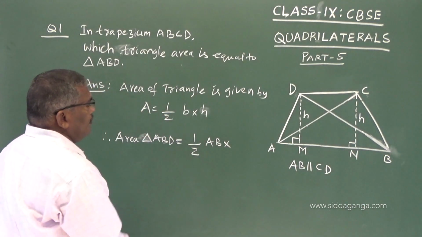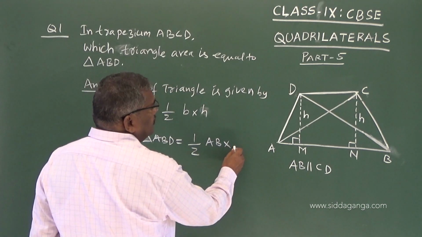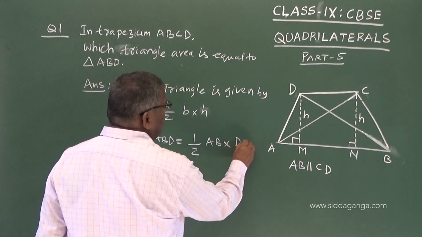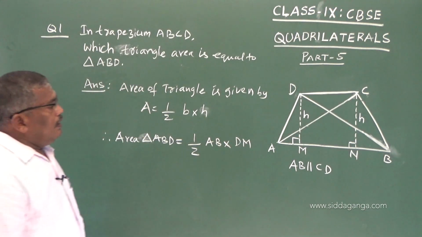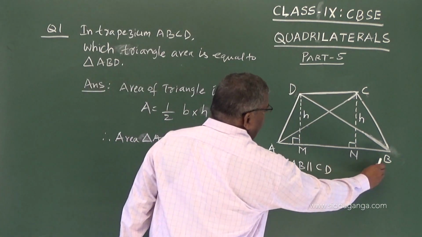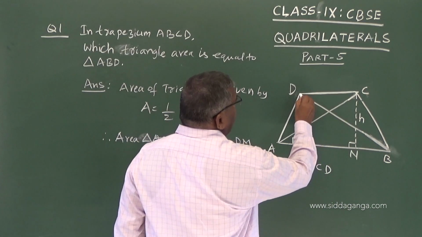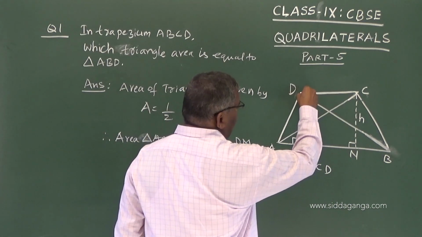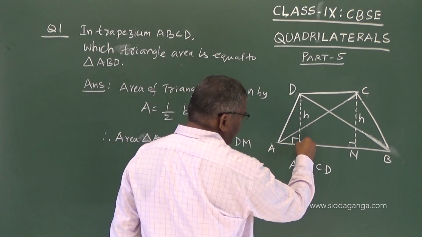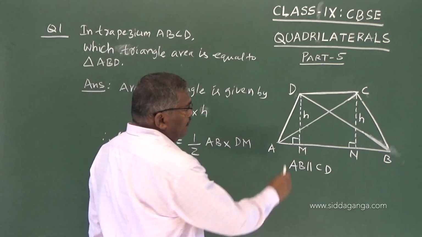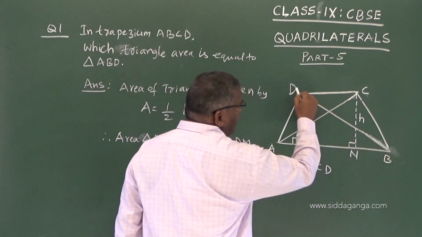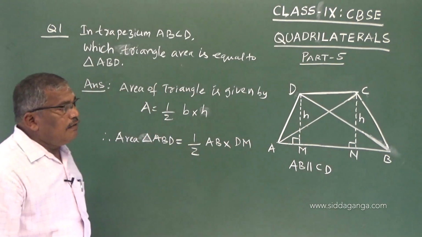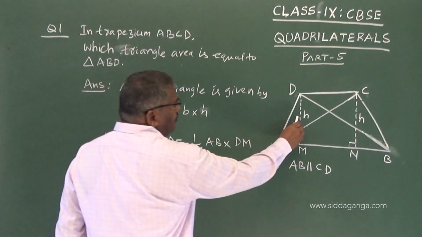So therefore area, you can write DM. Because ABD, this is the vertex, from the vertex we have drawn a perpendicular. So therefore DM is the height of the triangle ABD.